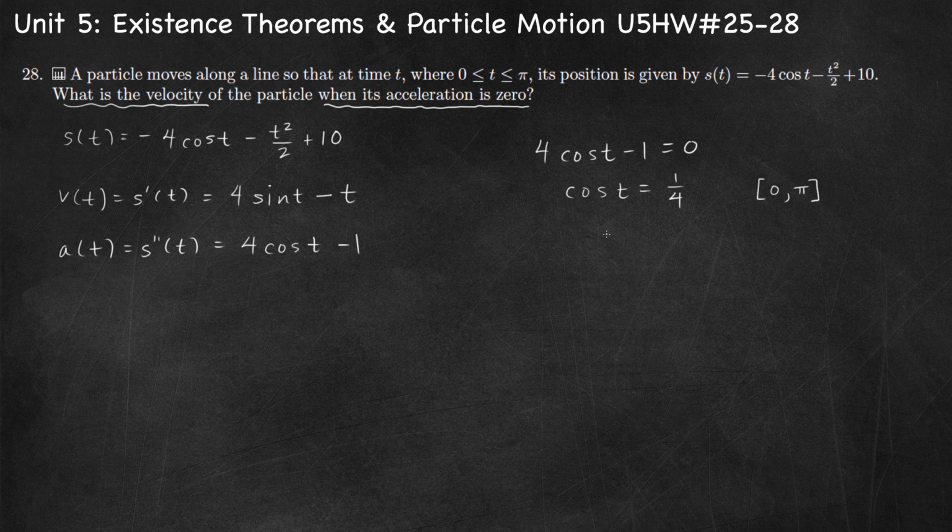This is calculator active, so we can solve this by graphing cosine t and then seeing where it's equal to 1/4 on the interval from 0 to pi. Or we could take the arc cosine of both sides and then figure out how we have to adjust that solution to give us answers on the interval from 0 to pi. But I think the easiest way will just be to graph cosine t and then see where it's equal to 1/4.